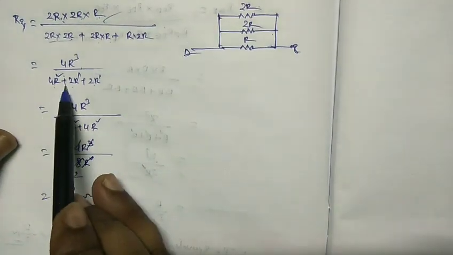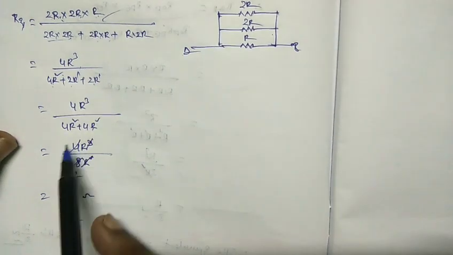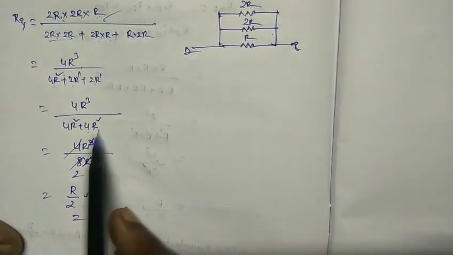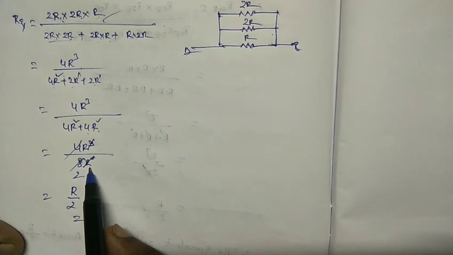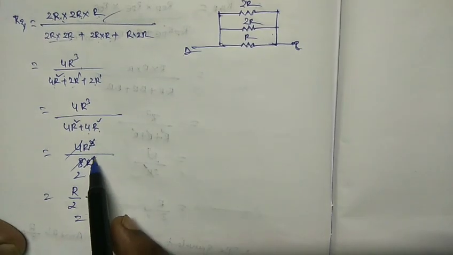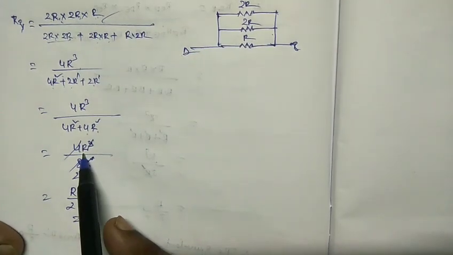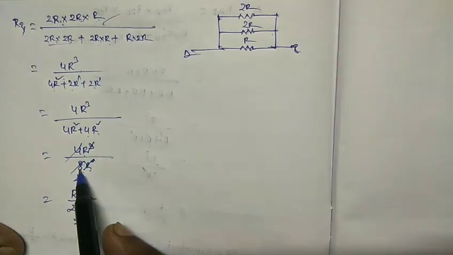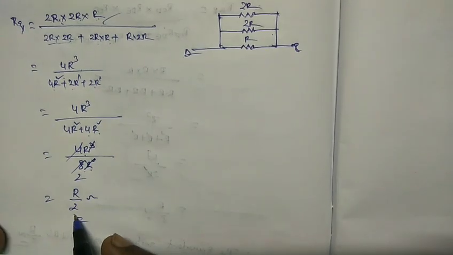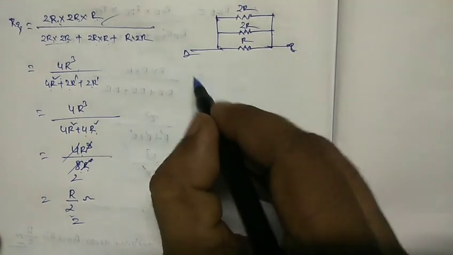In the numerator, 2 twos are 4 and R into R into R is R cube, giving 4R cube. In the denominator, 4R square plus 2R square plus 2R square is 8R square. Clear? Then 4R cube by 8R square: R square cancels, R remains in the numerator, and 4 by 8 is 1 by 2. That is nothing but R by 2.